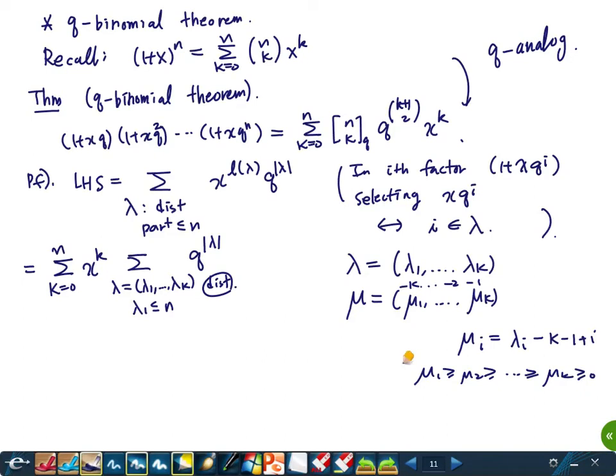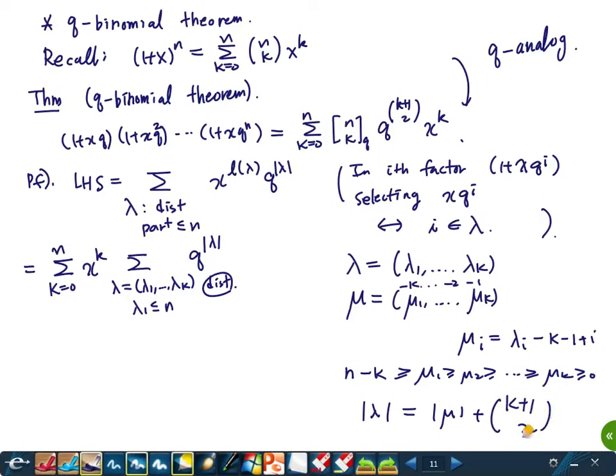And what is the maximum possible value for mu 1? n minus k, yes. Now what is the size of lambda and mu in comparison? This plus 1 plus 2 plus up to k, which is k plus 1 choose 2.